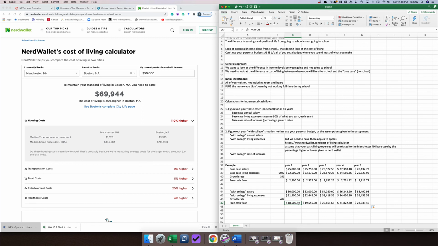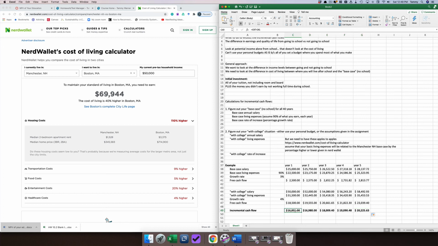Okay? So that's how you set this up. And so now our incremental cash flow, of course, is the difference between the cash flows that we get if we go to college versus what we get if we don't. So you got $16,000 more available in your pocket in that first year, etc. And the number, of course, keeps growing over time.